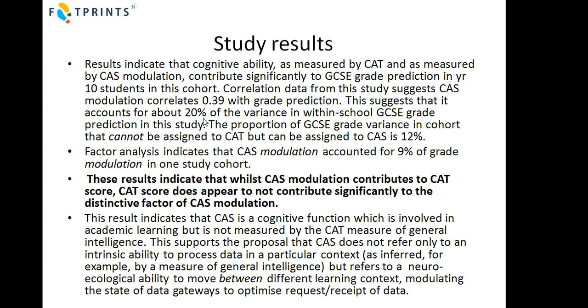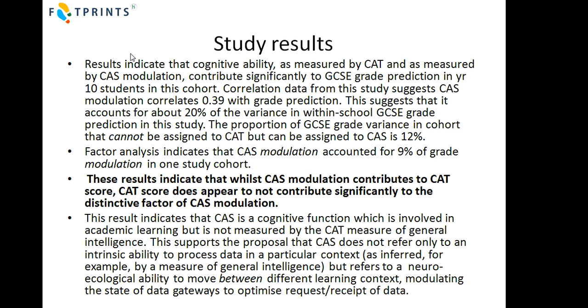So the hypothesis that the ability to modulate your CAS state to the proposed optimal state for the task in hand is evidenced here: there is a 0.39 correlation with grade prediction, and better learners do modulate their CAS state better than less successful learners.